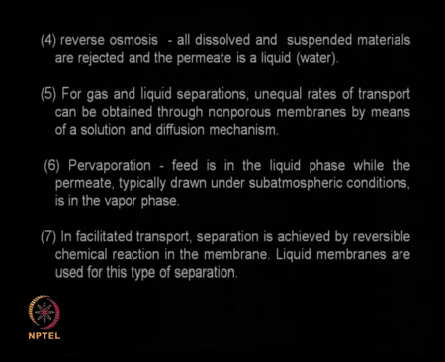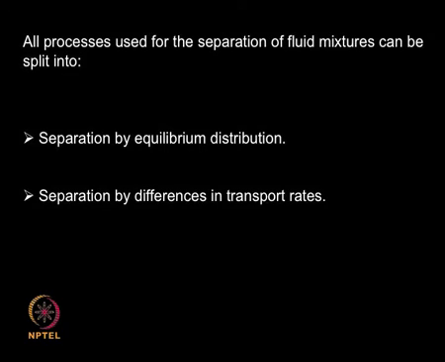And generally, as I said, membranes are thin material, which could be hydrophilic or hydrophobic in nature. All the processes in membrane separation happen because of separation by equilibrium distribution or separation because of transport rates. That means one travels faster compared to the other substance. That is the transport, and the other is the equilibrium separation.